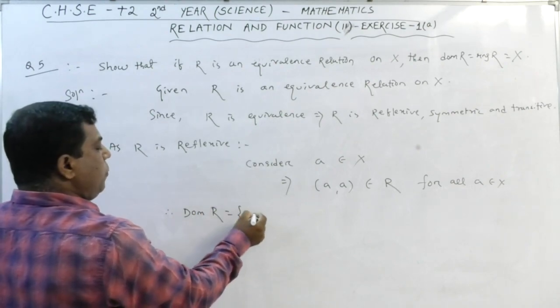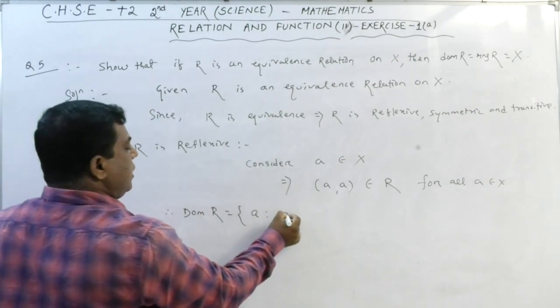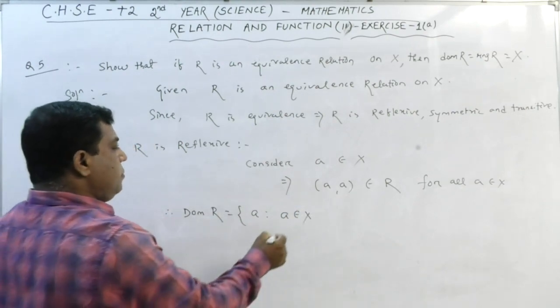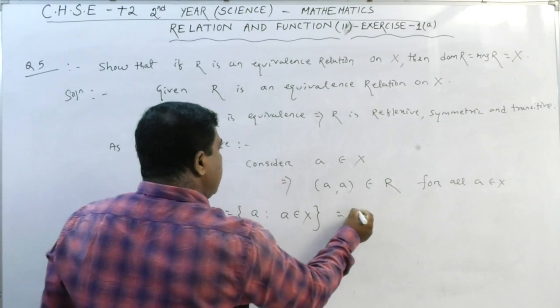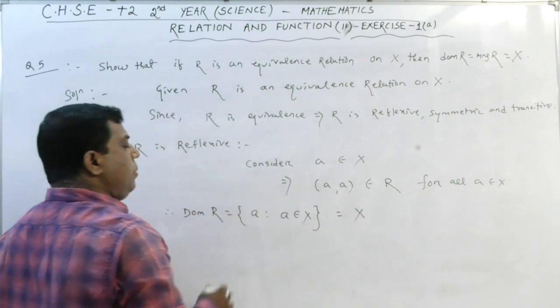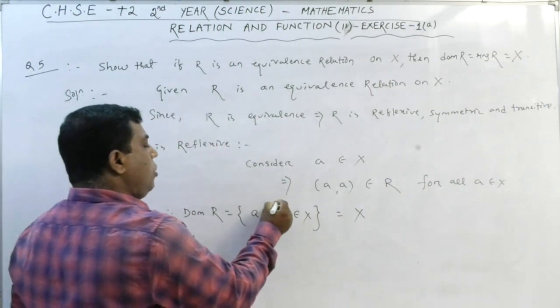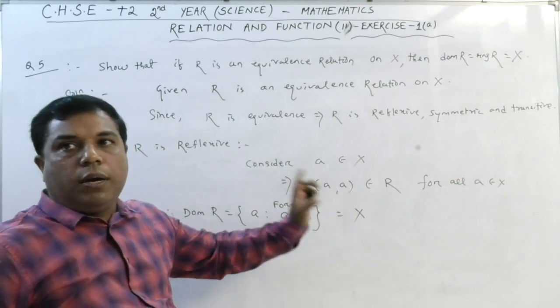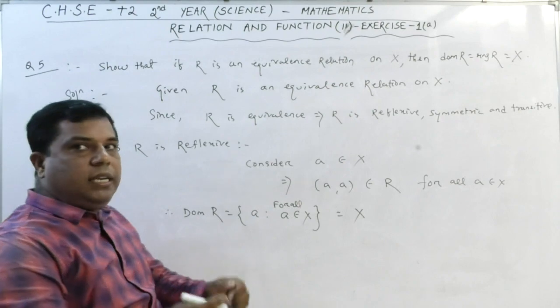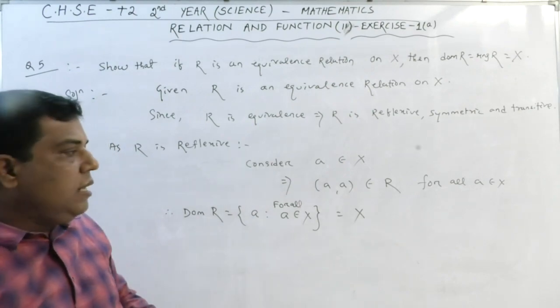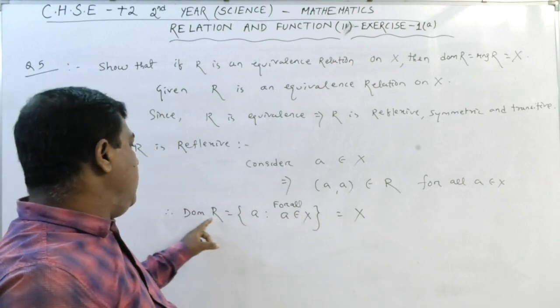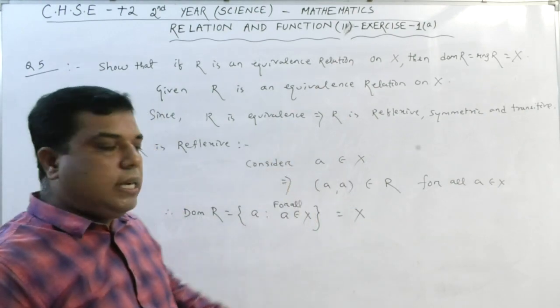It is the set of elements a such that a belongs to X. As it holds for all a belonging to X, it is equal to the set X, because each and every element of set X is connected there. So that is why the domain is equal to set X.